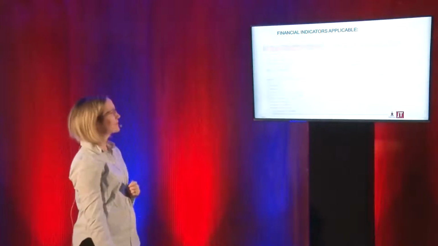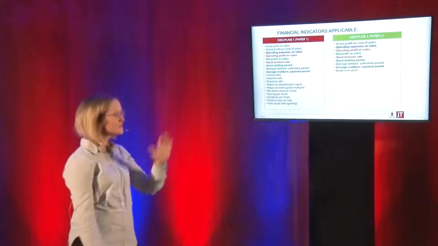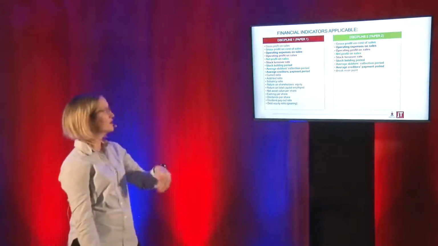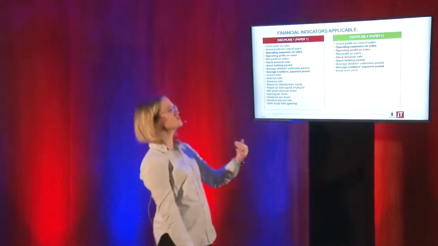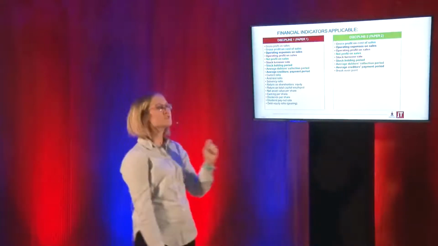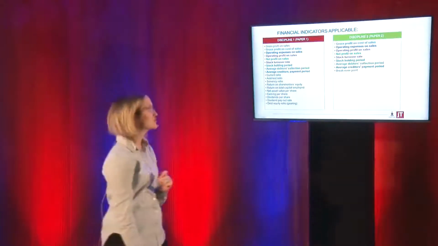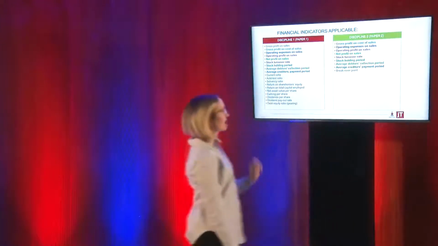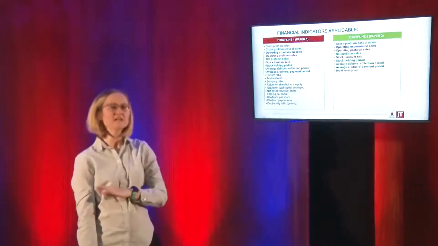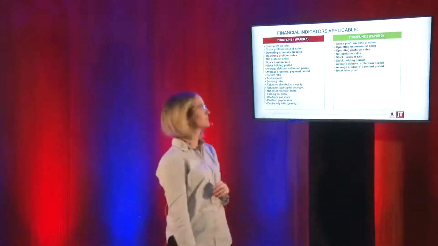These are the ones that you need to know for discipline 1, paper 1, and for discipline 2, paper 2. When you study for paper 2, make sure that these are the ones that you focus on. That will be incorporated into the different topics.